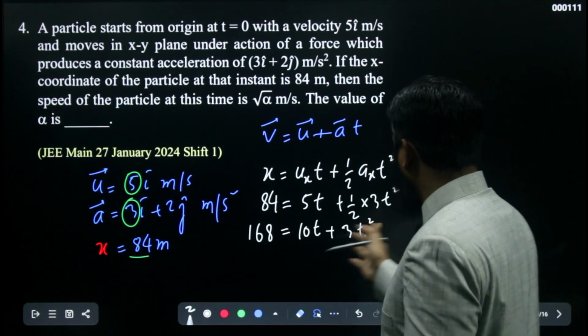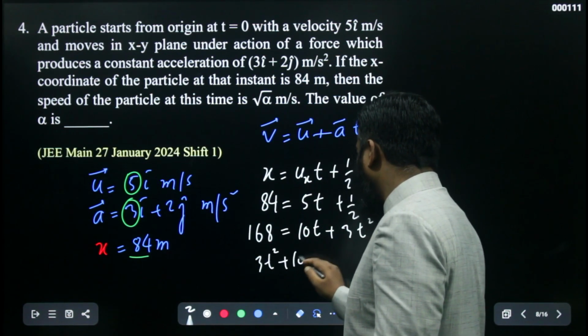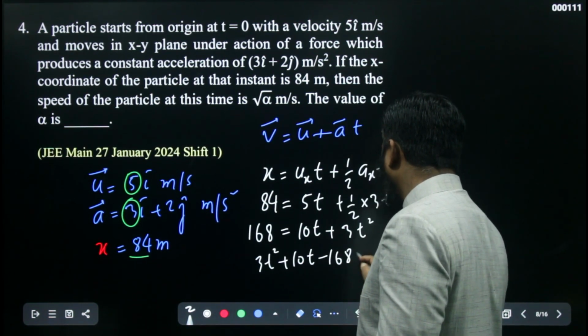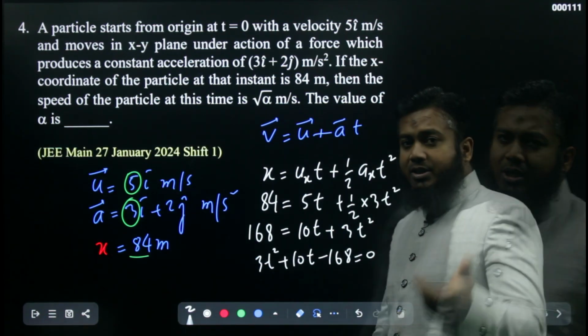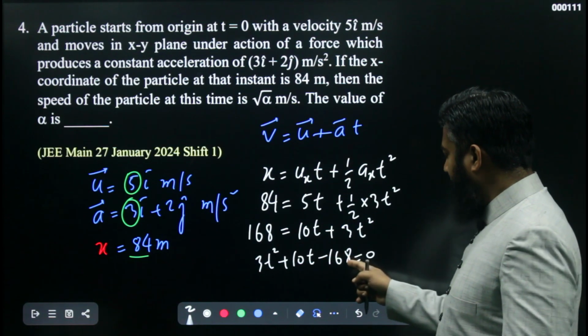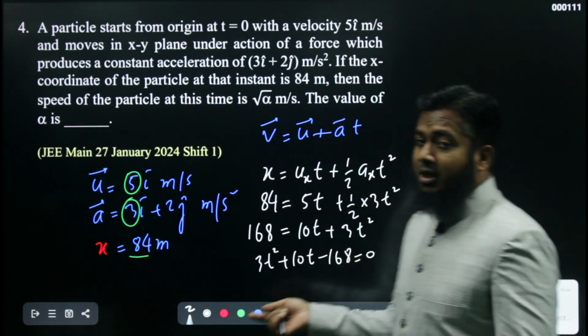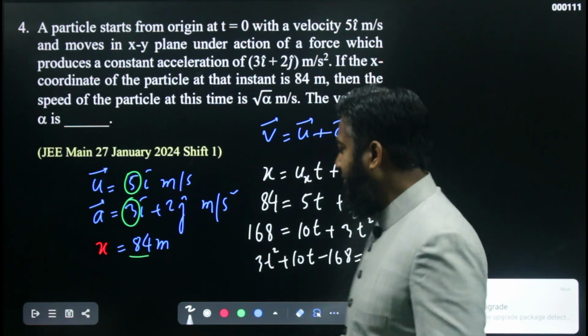And let's take everything on one side. So this is 3t square plus 10t minus 168 is equal to 0. So this is a simple quadratic equation. If you multiply 3 and 168, we get negative 504.